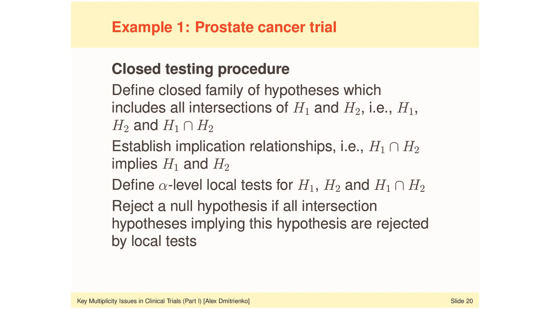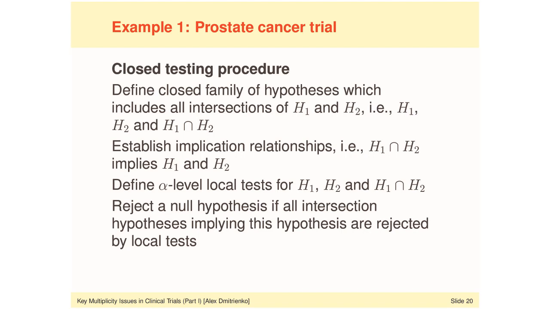through the following steps. Step number 1, we need to define the closed family of hypotheses, which includes all intersections of H1 and H2. There will be 3 intersections, and those include, as you see on the slide, H1, H2, these are the original hypotheses, and then the intersection between H1 and H2.